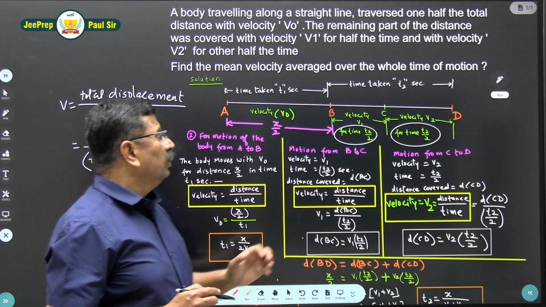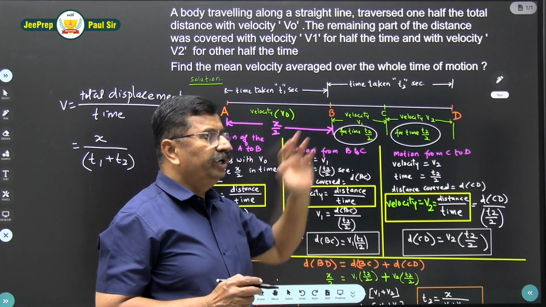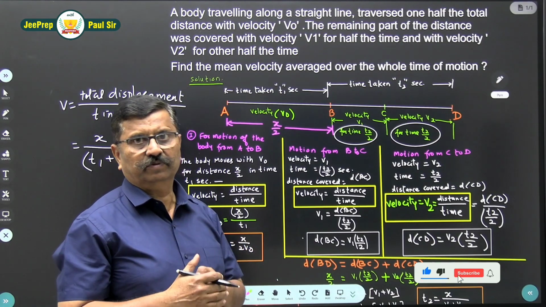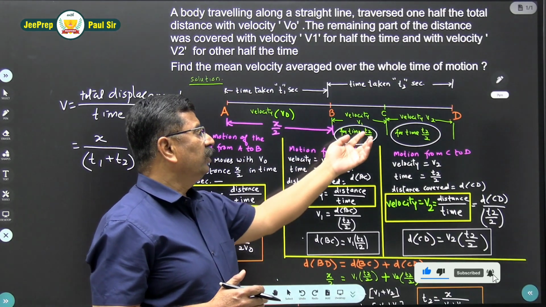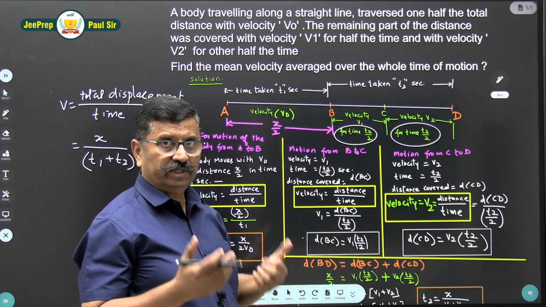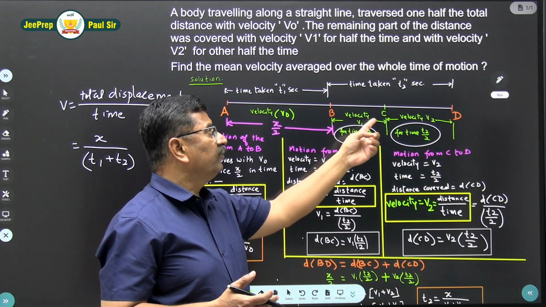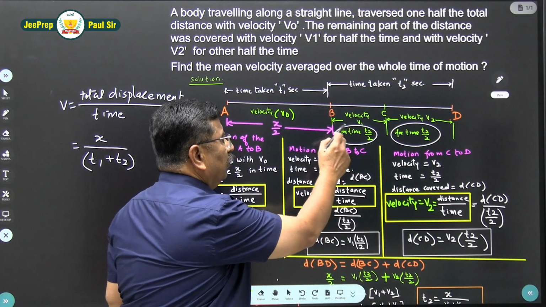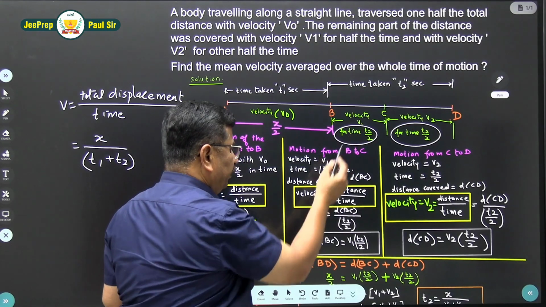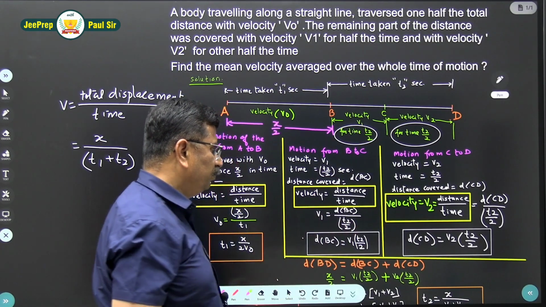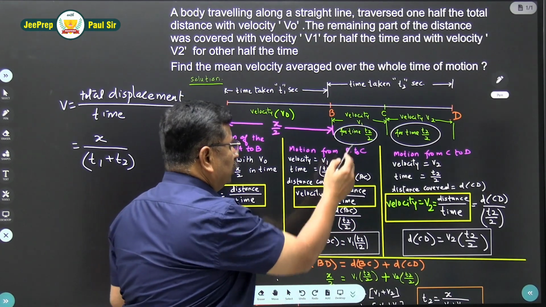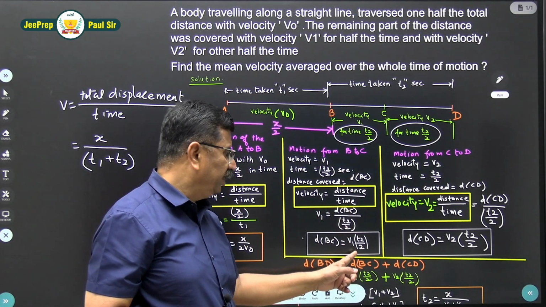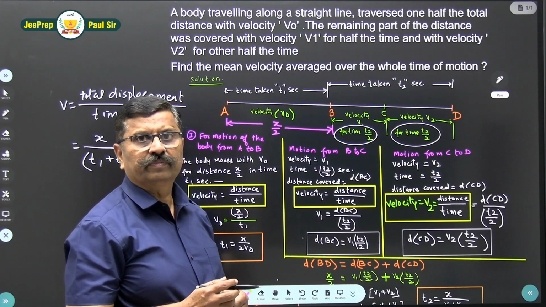Now for the motion from point B to C, the body is travelling with velocity v1, but for the first half of the time, that is, for the first t2 by 2 seconds, the body is moving from B to C. So velocity is equal to distance upon time. Here the body is traveling with velocity v1, therefore v1 is equal to distance BC upon time t2 by 2, and therefore distance BC is equal to v1 into t2 by 2.